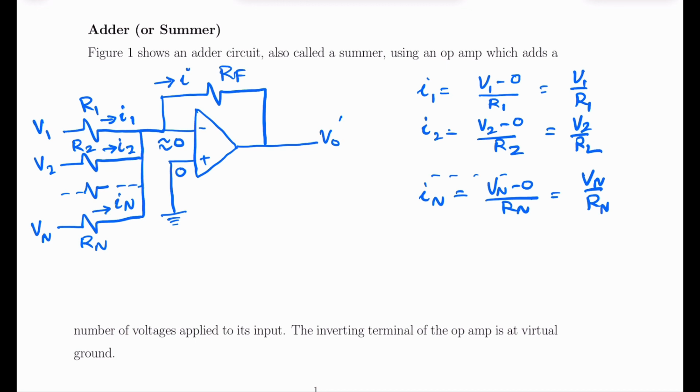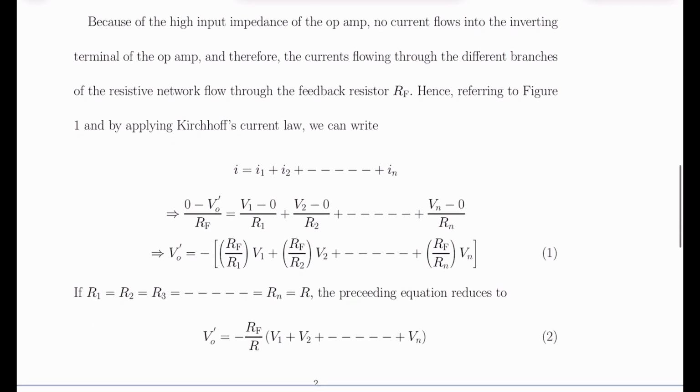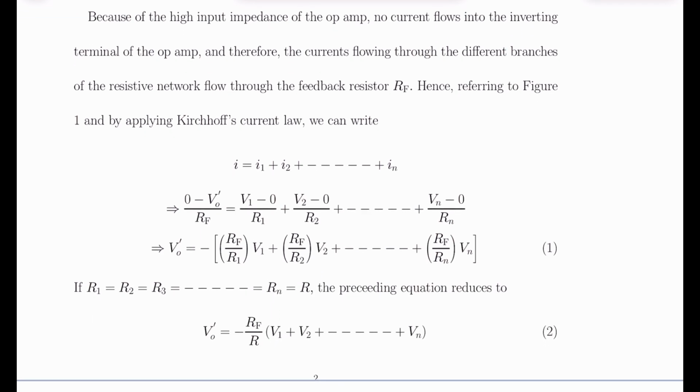Recall Kirchhoff's current law, that the sum of the currents meeting at a point is equal to the current moving away from that point. So if I take my junction as the inverting input of the operational amplifier, we have I equal to I1 plus I2 plus so on and so forth up to In.